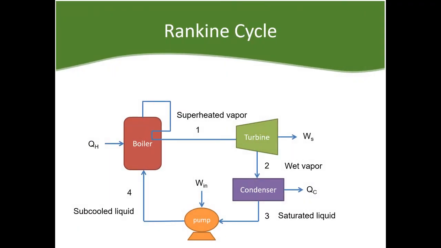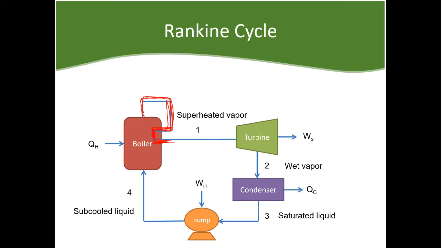So, anong ginawa ni Rankine cycle? Instead of saturated vapor siya pagpasok sa turbine, ginawa niya na may superheating. May superheating, ang representation sa diagram, bumalik siya sa boiler, lumabas ulit.